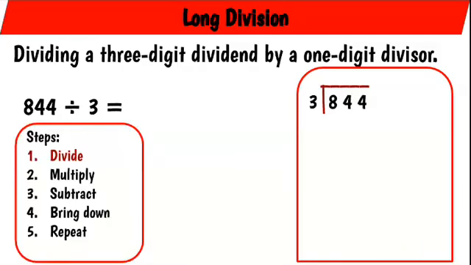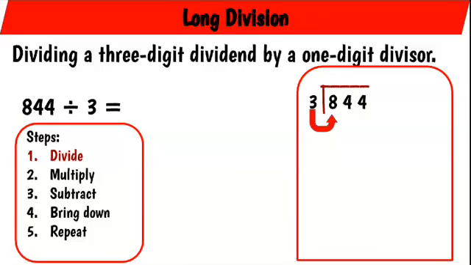So here we have our dividend and divisor placed in our long division symbol, divisor 3 on the outside, and our dividend 844 inside.